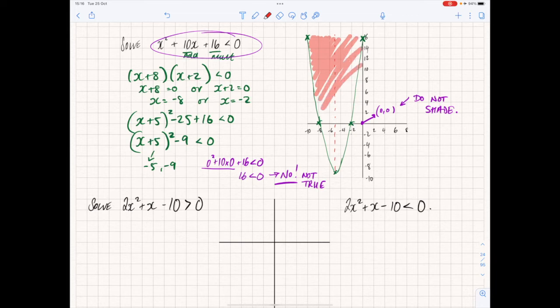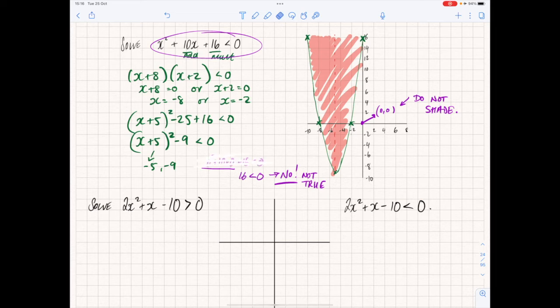So if it doesn't work for that point, you make sure you don't shade that point. And in this case, me not shading that point means I'm shading inside the parabola. Because if I was to shade outside, I'd end up shading over that point, and that point is not true, so it cannot be shaded.